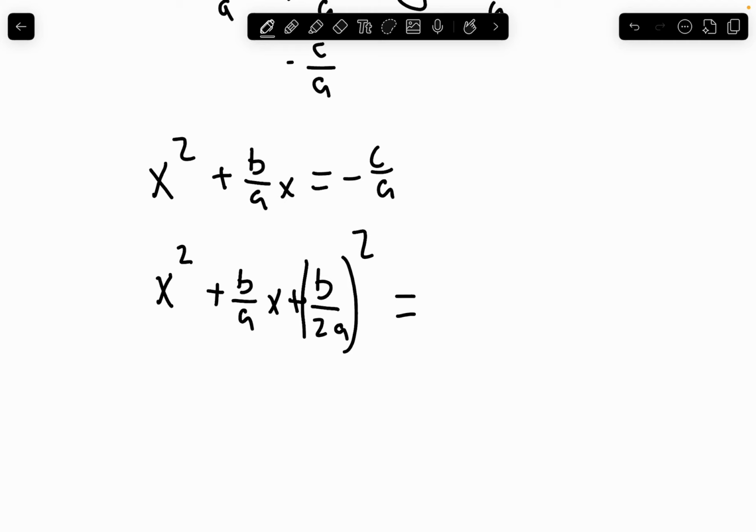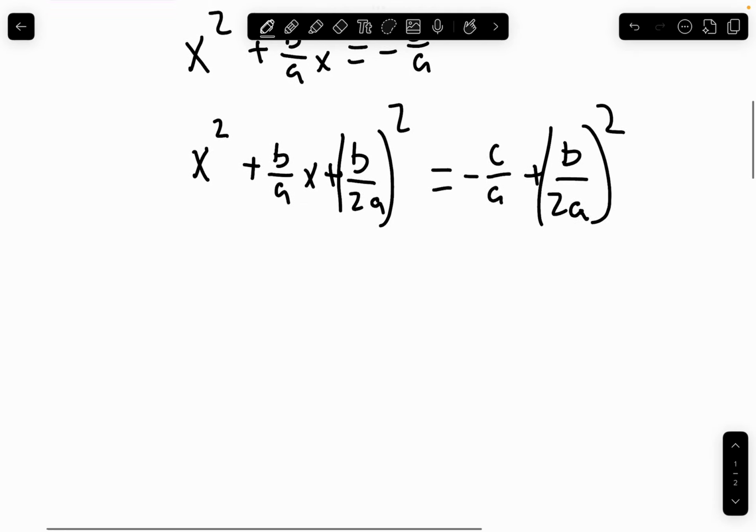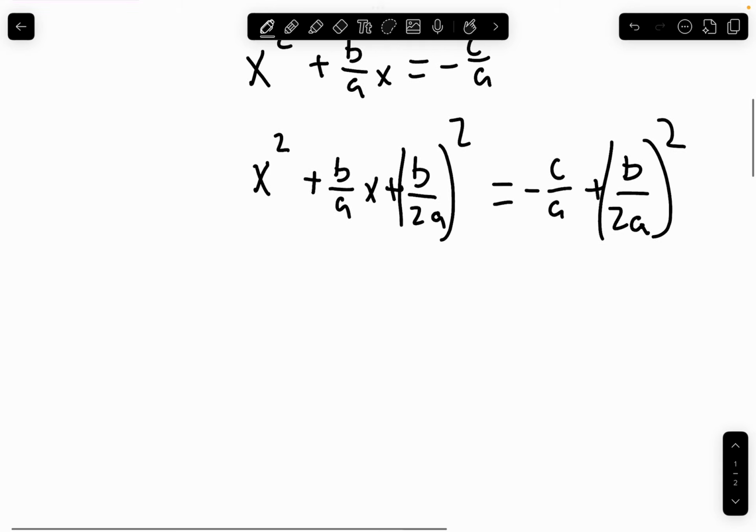And we need to have that on both sides, so negative c over a plus b over 2a squared. Now that we have that, we can factor the left side into a perfect square.